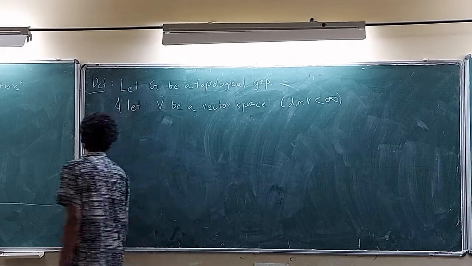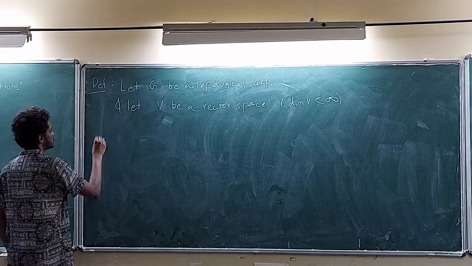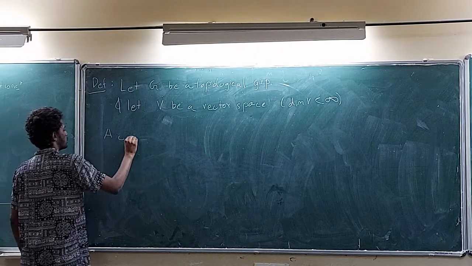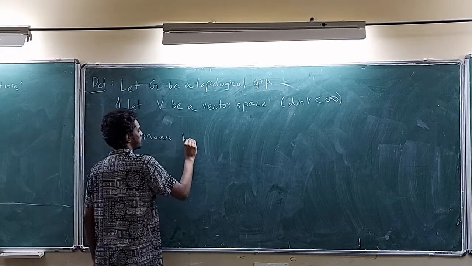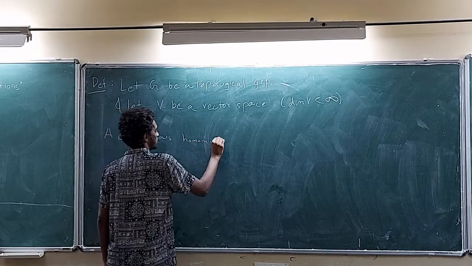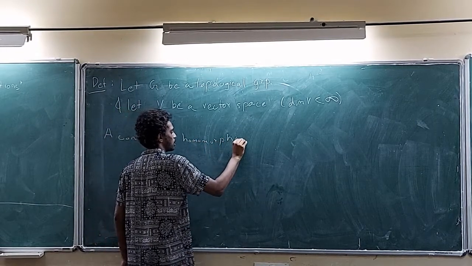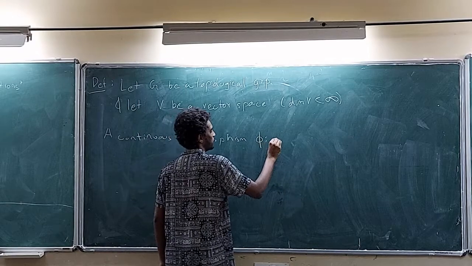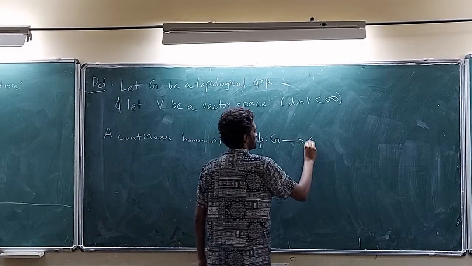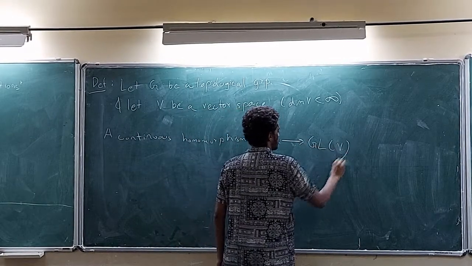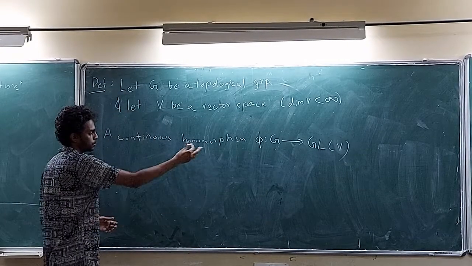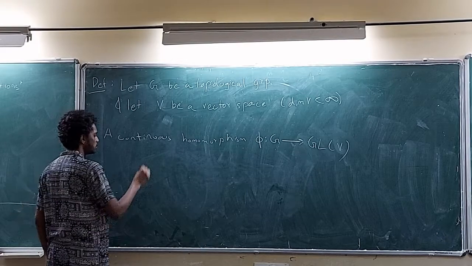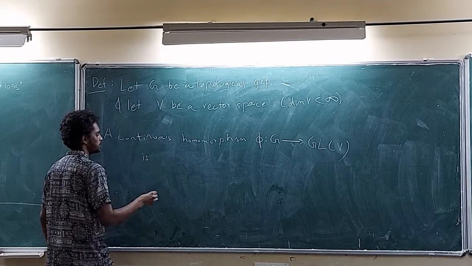So, as you will guess, a continuous homomorphism from G to GL(V), this continuous homomorphism from the group to the set of automorphisms is said to be a topological representation.